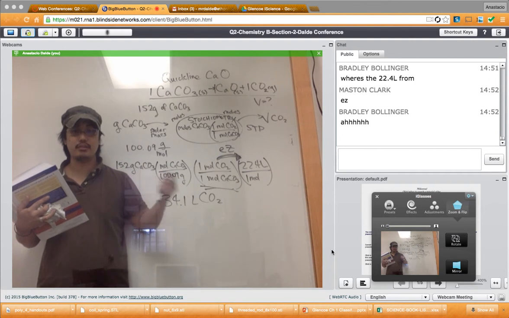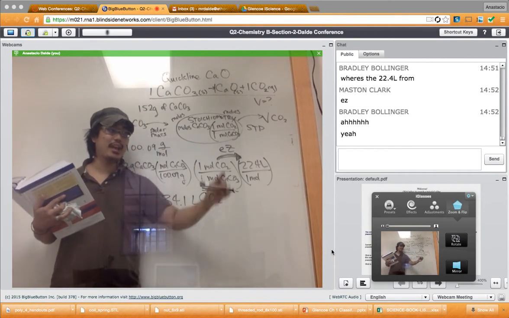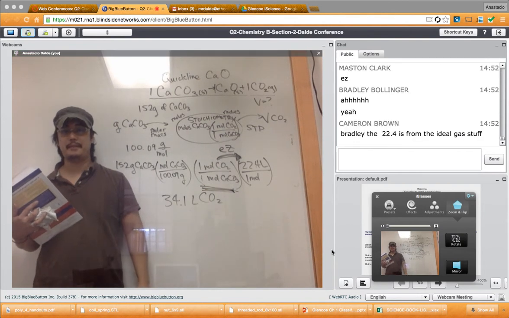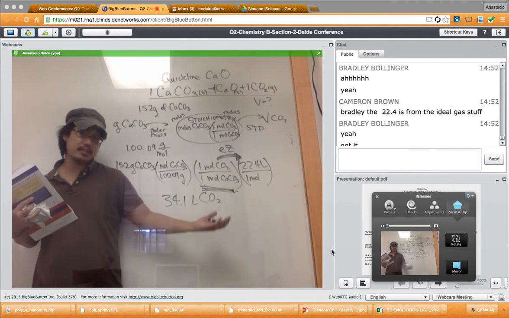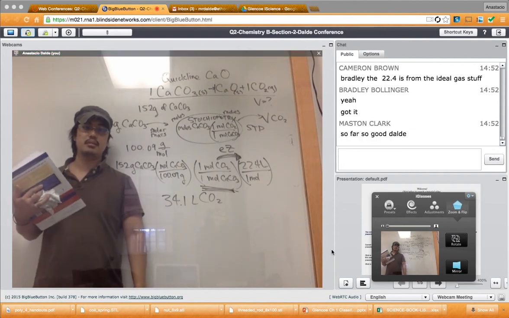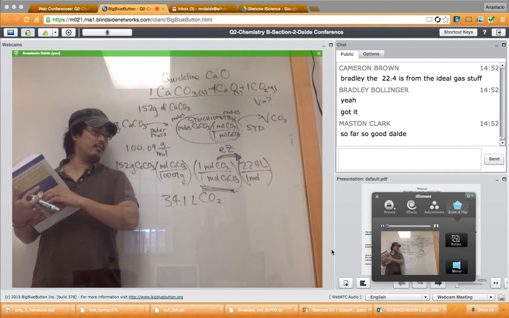You're good at doing grams to moles. The molar mass conversion, that's something you're really good at. An easy step. So I would say the stoichiometry of gas is not hard. That's the answer, 34.1 liters of CO2.